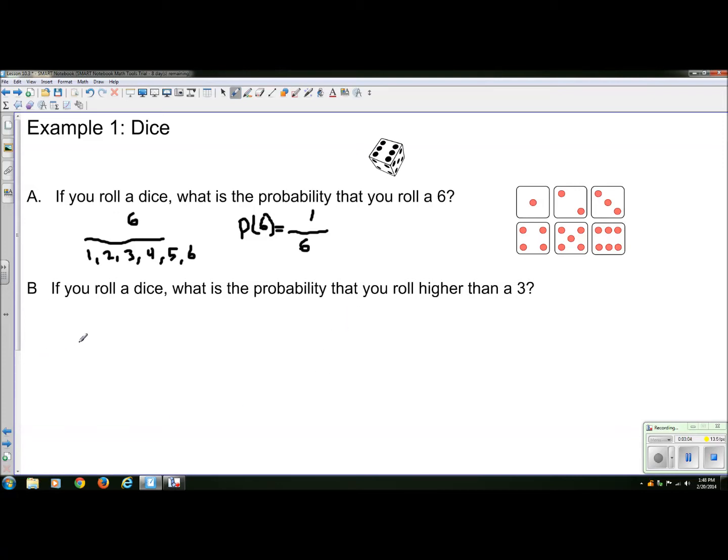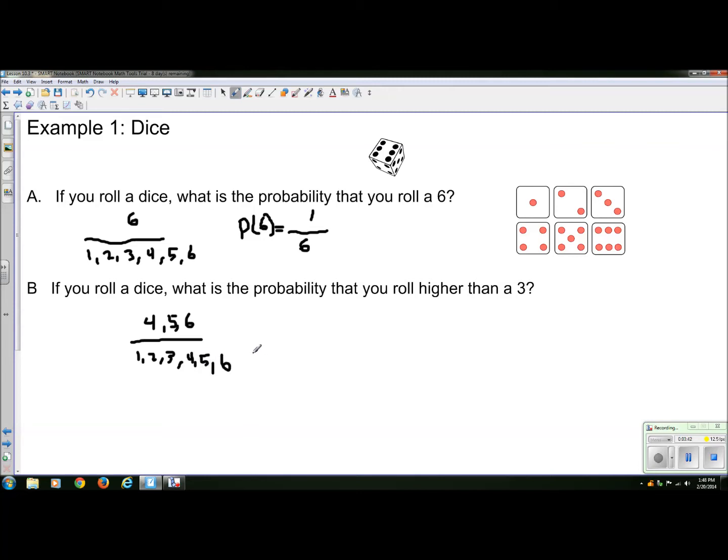Okay, so let's look at the second example here, B. If you roll a dice, what's the probability of rolling higher than a 3? Well, let's look at our favorable results. What numbers are higher than 3? Not 3. 3 is equal to 3, not higher. So our numbers that are higher than 3 are 4, 5, or 6. And again, our denominator is going to be 1, 2, 3, 4, 5, and 6.